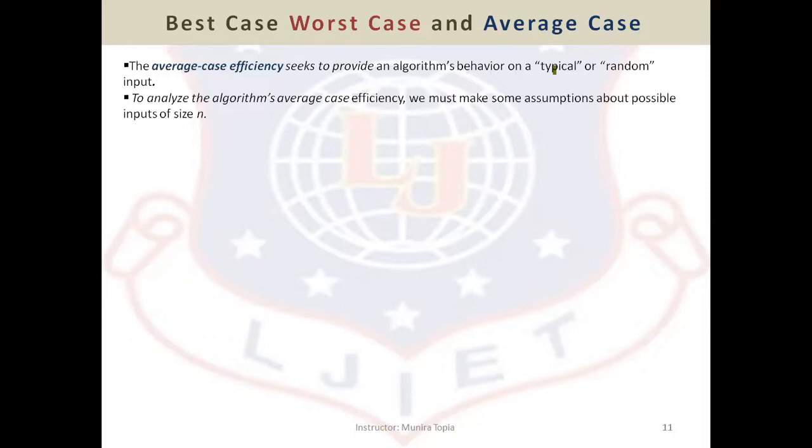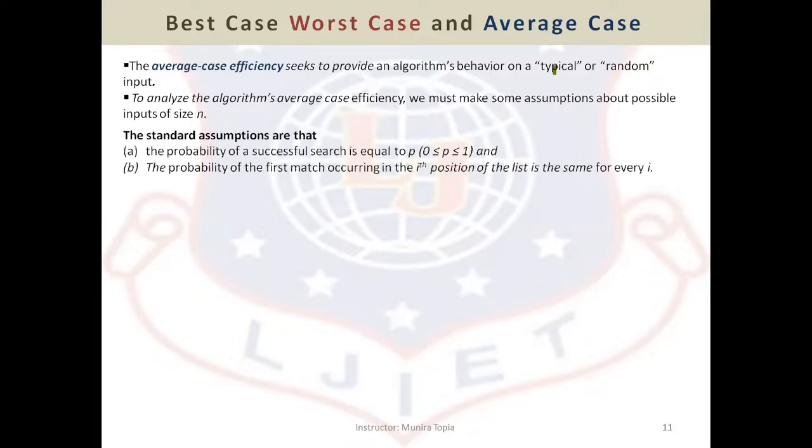So to analyze the algorithm's average case efficiency, we need to make some assumptions. What are these assumptions? First, let the probability of a successful search be P. So the probability of a successful search is P and the probability of an unsuccessful search is 1 minus P, obviously.